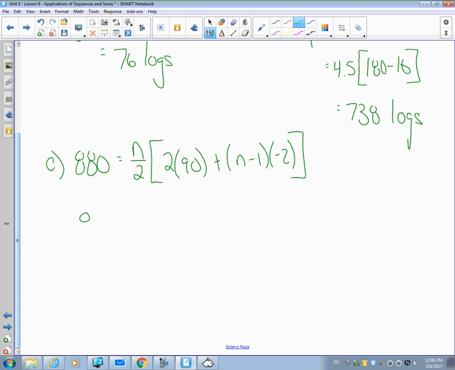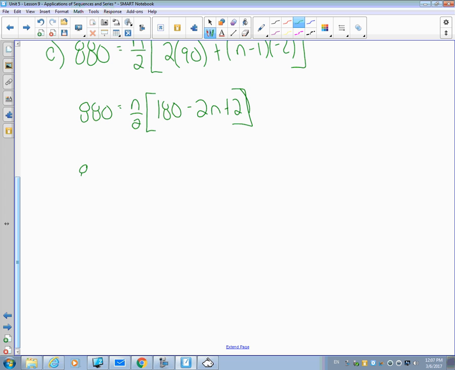The way we can solve it, first of all, is to simplify things. I like making things easier before we start working on them. 2 times 90 is 180. We'll expand our brackets. Okay, so negative 2, make sure it's a negative there, times those things. Again, we can simplify this a little bit further. We want to make things easier before we start really doing anything.